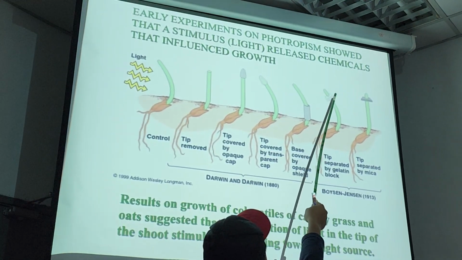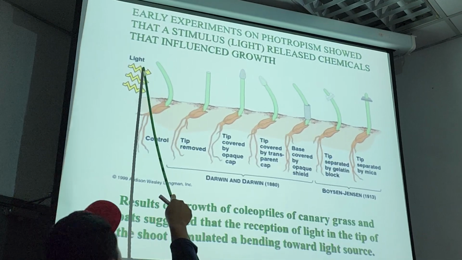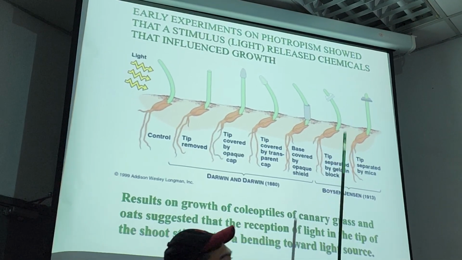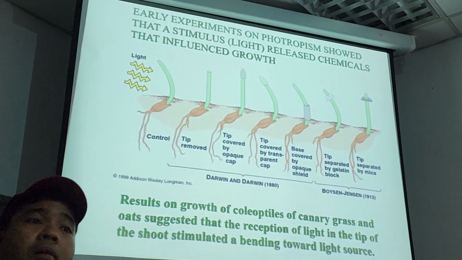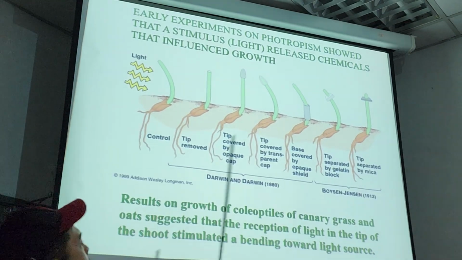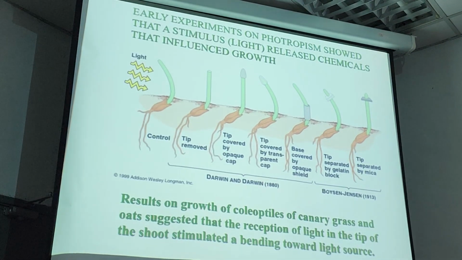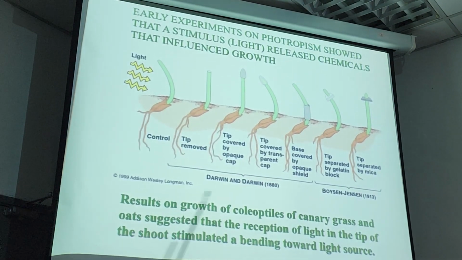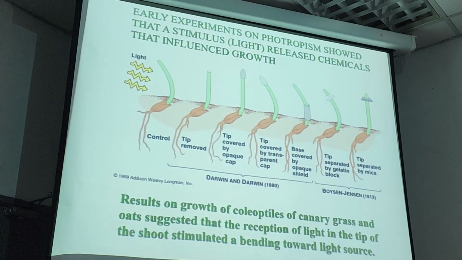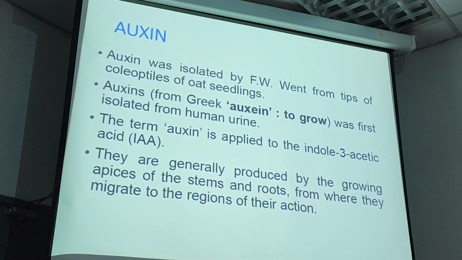And when he used the gelatin block, the coleoptile is following the control. But when he used the mica block, mica is pretty much a mineral, like a stone, there was no response whatsoever. So now they confirmed there must be something in the coleoptile. It's not in any other regions that control this phototropism for the seedling to follow where the light is.